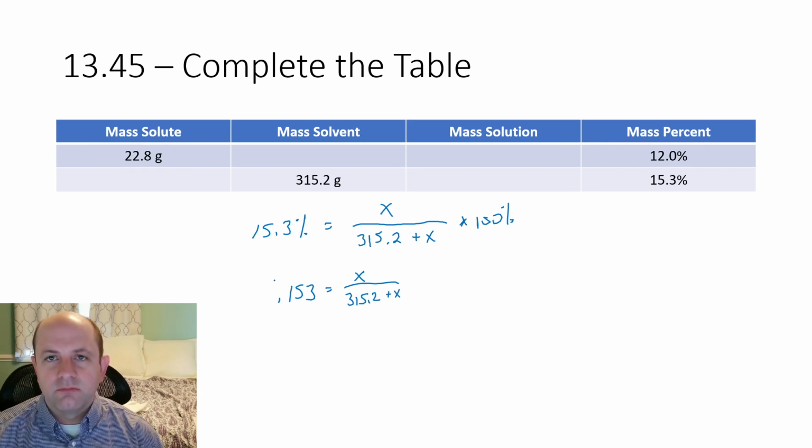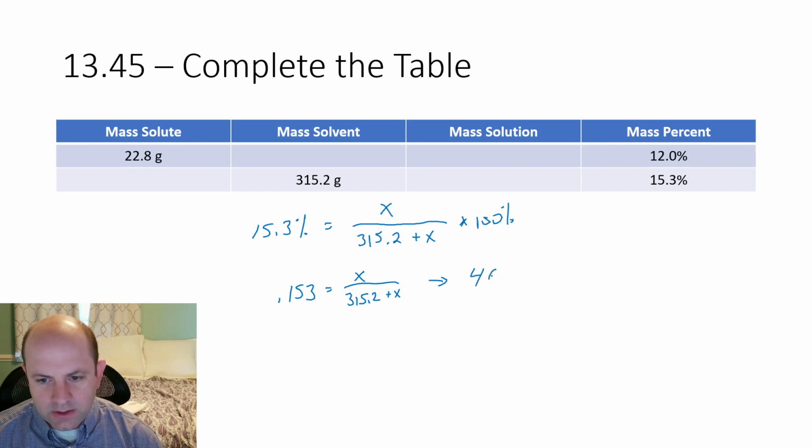Now we've got to cross multiply and distribute. So we'll get 315.2 times 0.153, so that's 48.2, plus 0.153X is equal to X. We'll subtract this from both sides to get all the X's together.